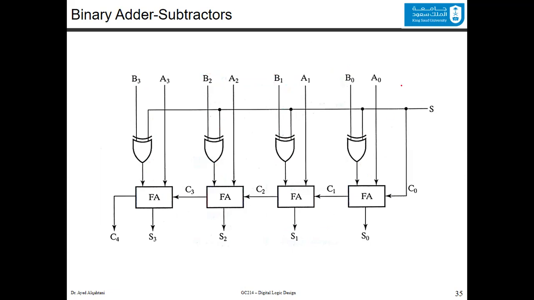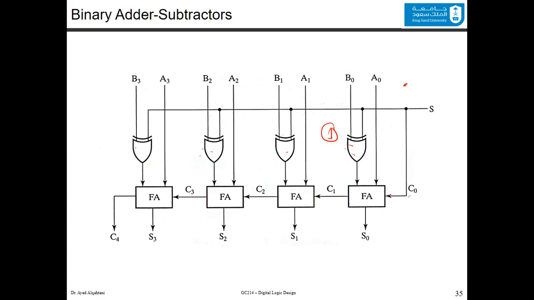Now, this is a very simple design where you have the ripple adder that we studied before. We just added these XORs to get the 2's complement. That's the first idea here. We added the XORs to flip the bits of B. And we also make use of the carry in the first full adder.